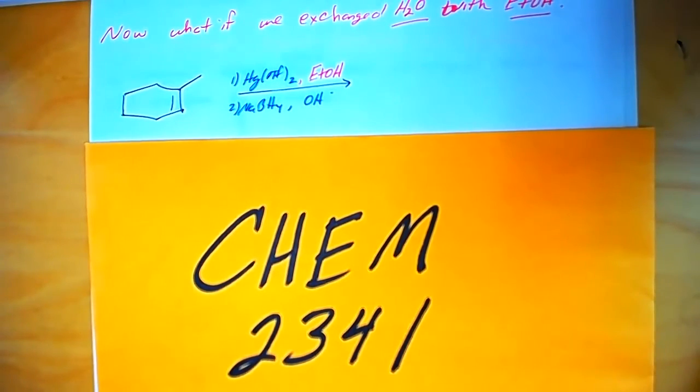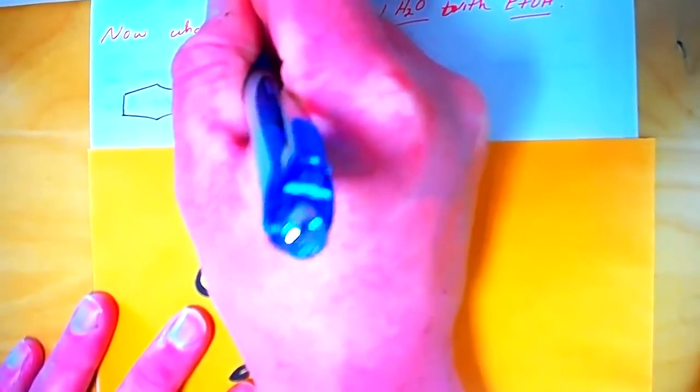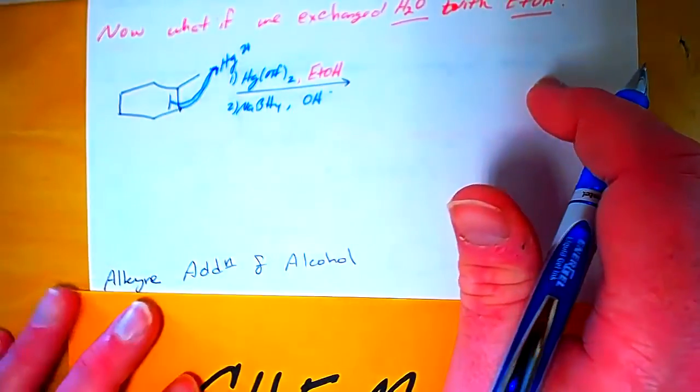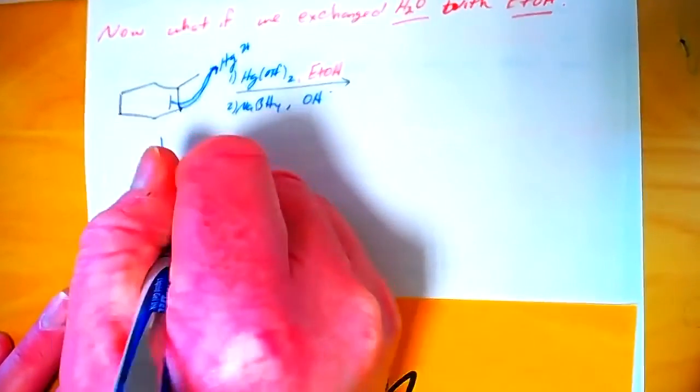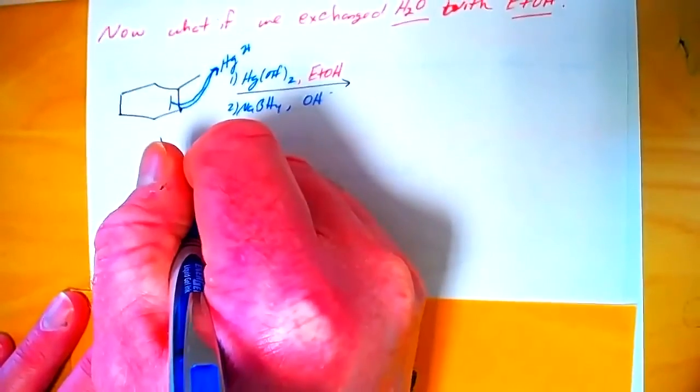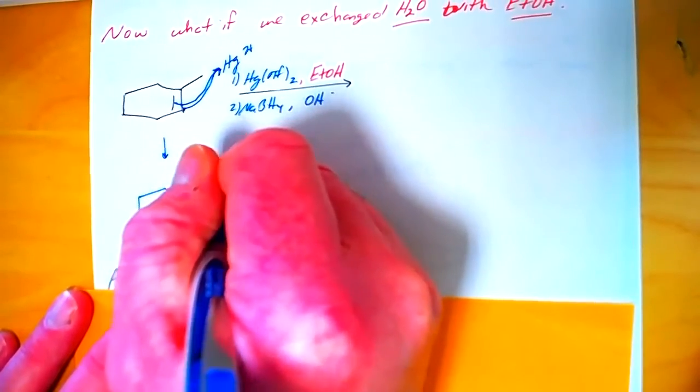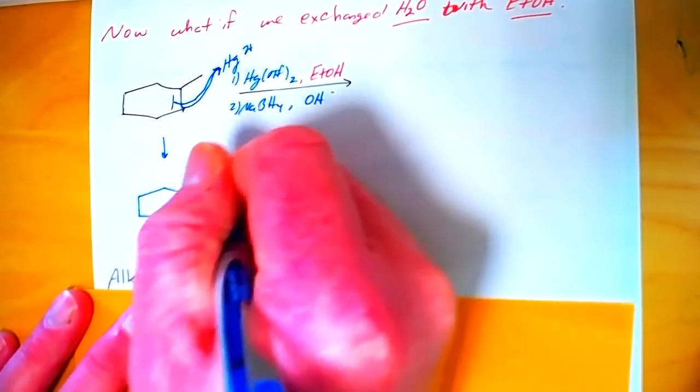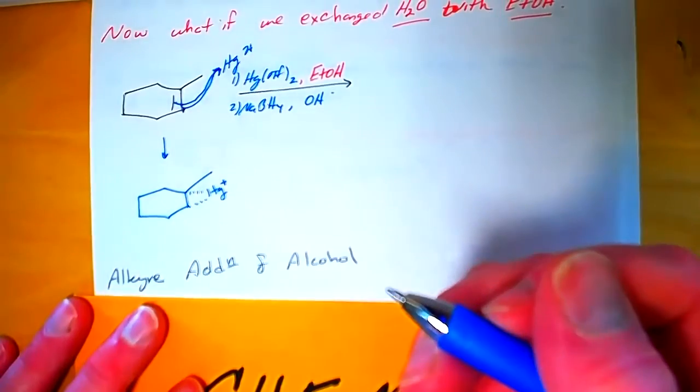Okay, well, if we go through the mechanism again of how this works, so the pi electrons go after that mercury, and you end up forming a merconium ion, like so.